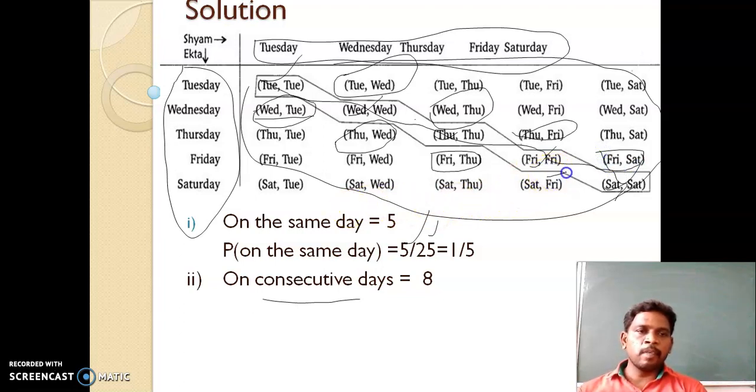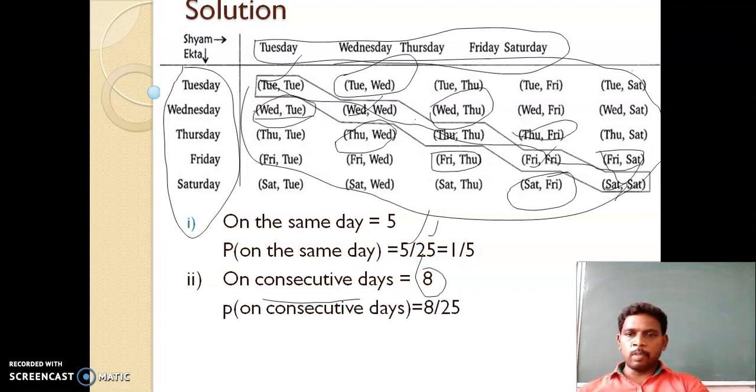So how many events did we count here? 1, 2, 3, 4, 5, 6, 7, 8. So 8 is the number of possible outcomes. The total space is 25. So the answer is 8 by 25.